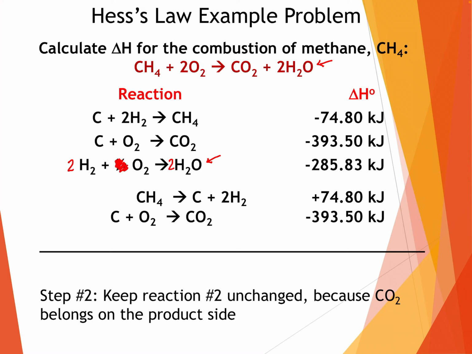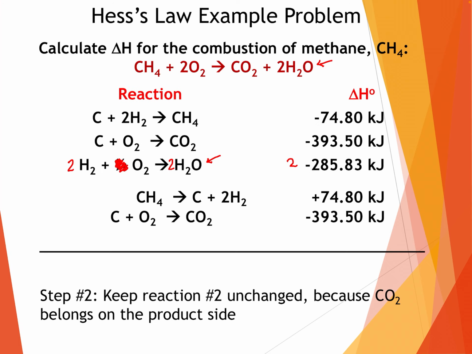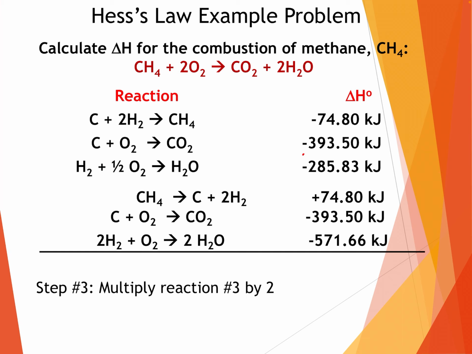And a 2 will end up there. And remember, when we multiply this reaction by 2, we also multiply our delta H value by 2. The reason we're doing all this is because we're trying to make our individual reactions cancel out and match this overall reaction. So we'll go ahead and multiply that one by 2.